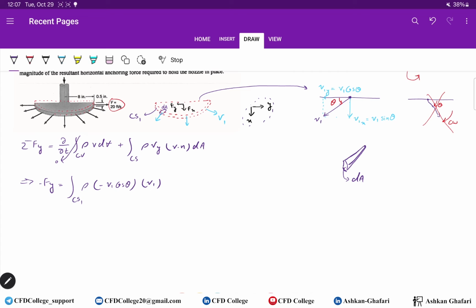What about dA? This dA, here you can see this is d theta. This is r. This is r.